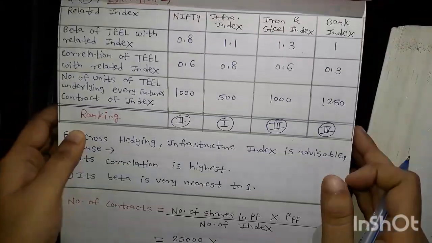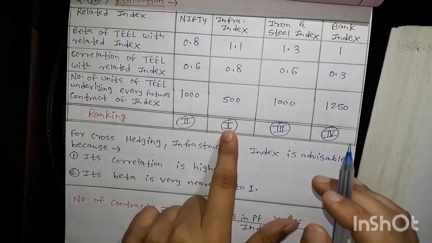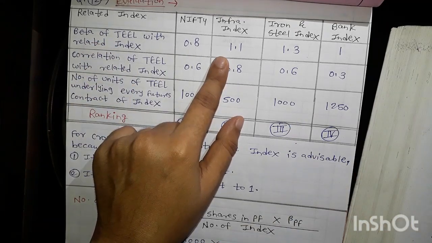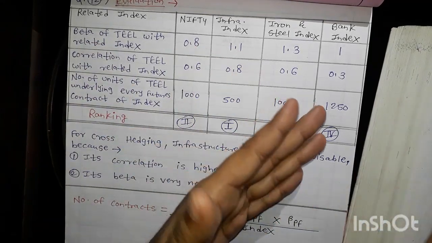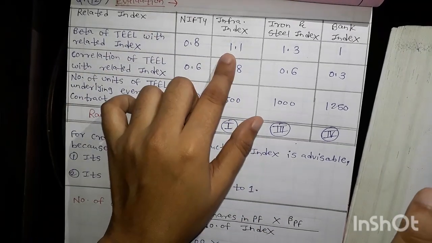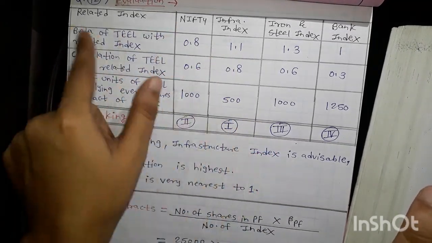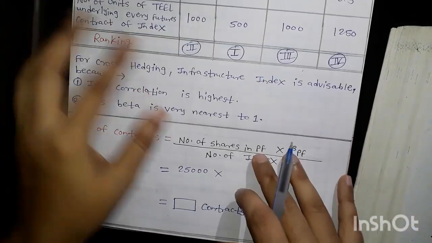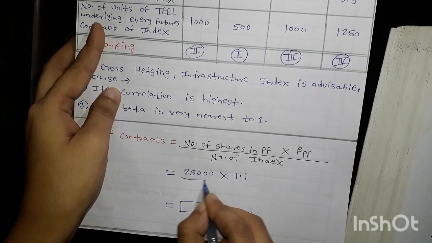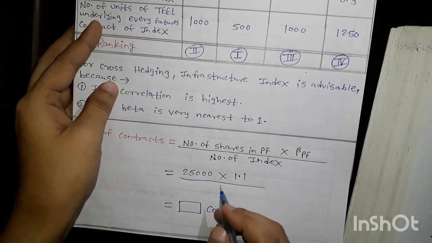See, here we are doing cross hedging, so we have selected the infrastructure index, so we don't have any information about the beta of TEAL shares, but here we are doing cross hedging, right, so this beta is now our beta. We will consider the beta of the infrastructure index because we have selected that index, so here 1.1, for that purpose only we are doing cross hedging.